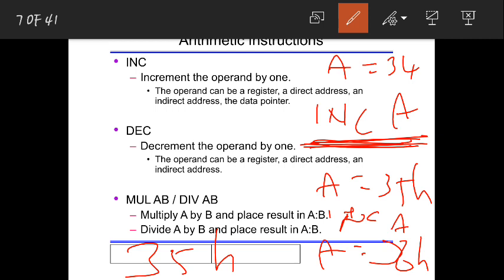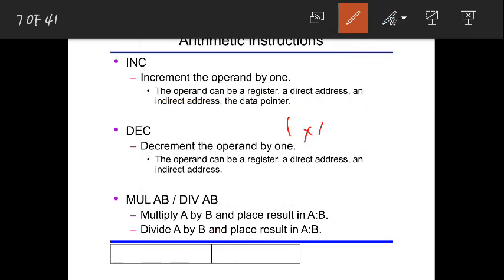Okay, so the operand can be a register, direct address, indirect address, or data pointer. Whatever operand you are writing, that can be any register like A, B, or R0. Then it can also be a direct address. Direct address means you can also take increment 42H.